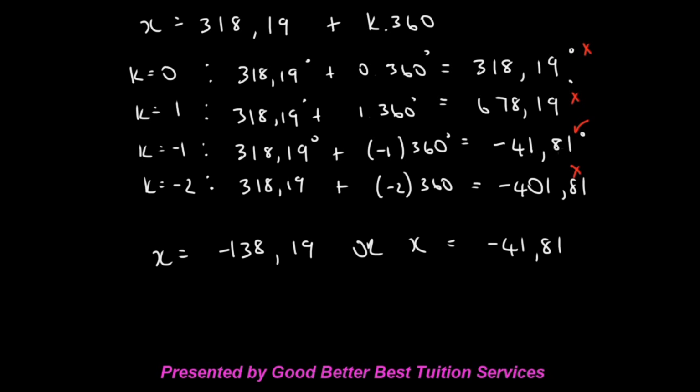That lies between negative 180 and positive 180. And k is equal to negative 2 does not lie in that interval. So the only viable solutions are, from quadrant 3, negative 138.19, which is on the previous page, and here we have negative 41.81.